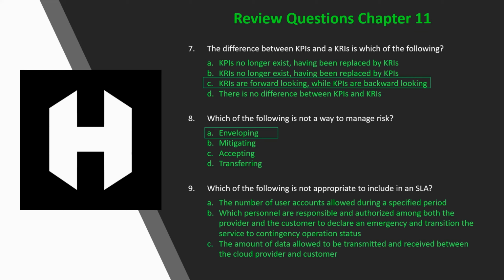C, the amount of data allowed to be transmitted and received between the cloud provider and customer. Or D, the availability requirements for a given period. If you said B, you would be right.